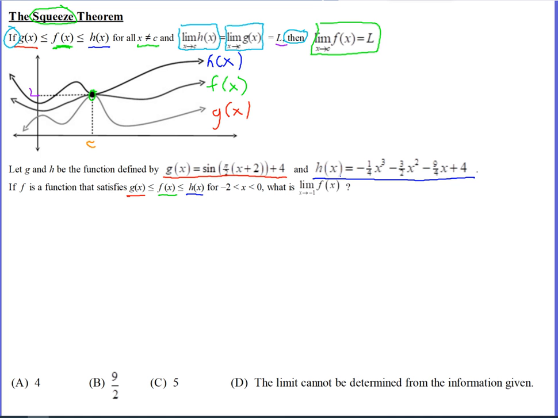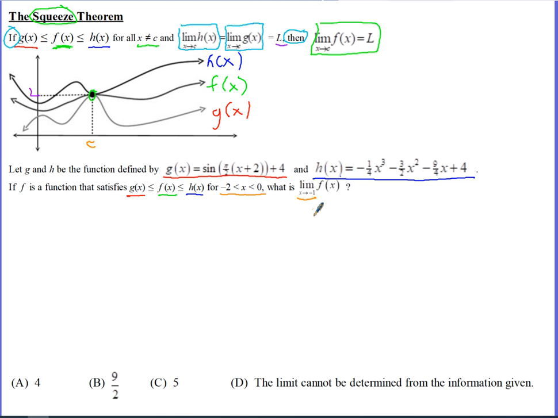And in this case, our c value is right here: x is approaching negative 1 of f of x. And notice, this is true, negative 1 is in this interval. So that means it doesn't always have to apply everywhere, as long as the c value that x is approaching is in an interval where this inequality holds true. And in this case it does. Negative 1 is between negative 2 and 0.